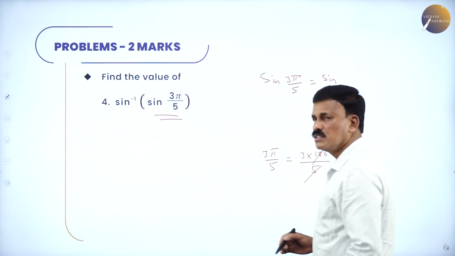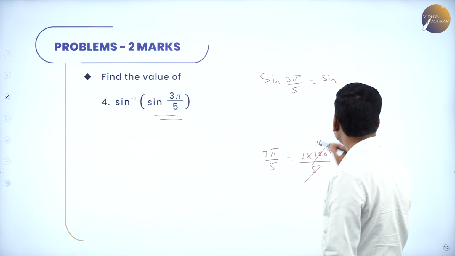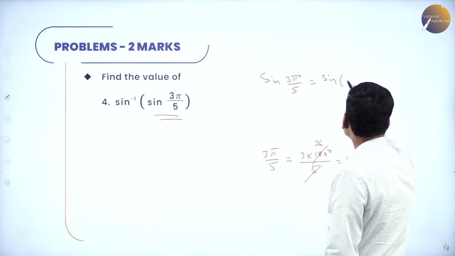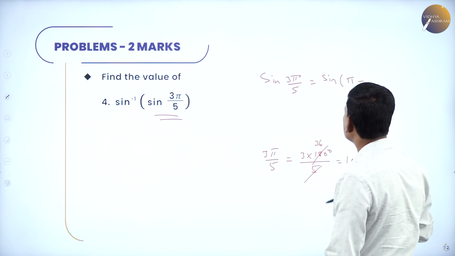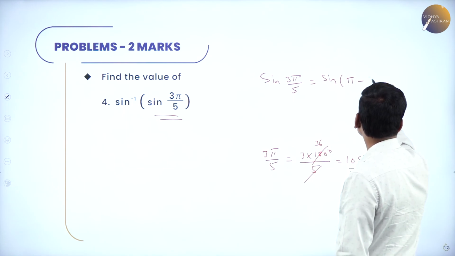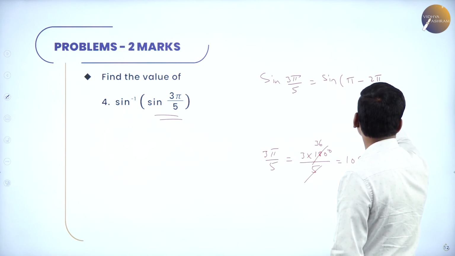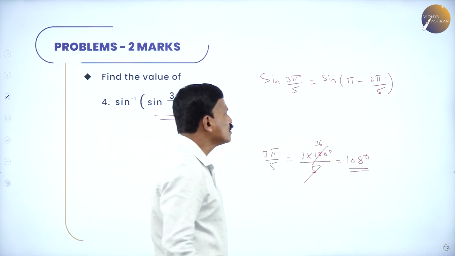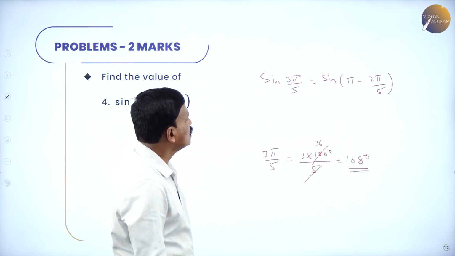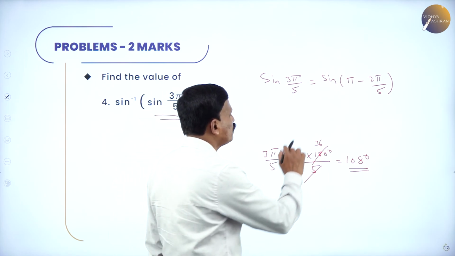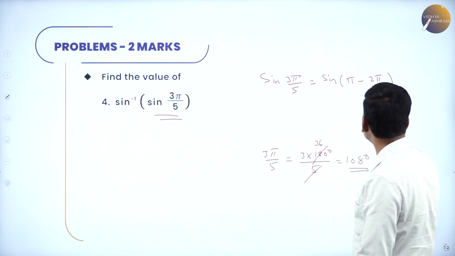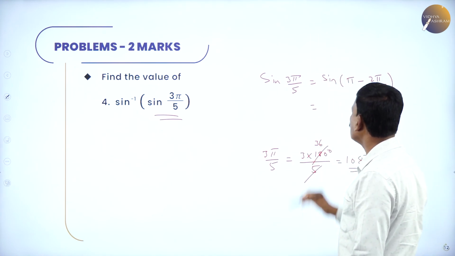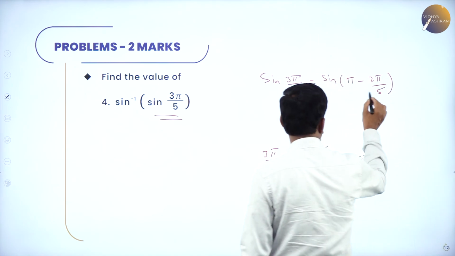Sine of 108 degrees can be written as sine of 180 minus 72 degrees, that is sine of pi minus 2 pi by 5. If I write pi minus 2 pi by 5, the LCM is 5: 5 pi minus 2 pi is 3 pi.